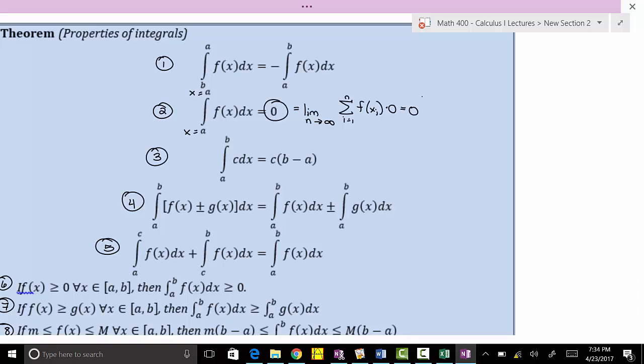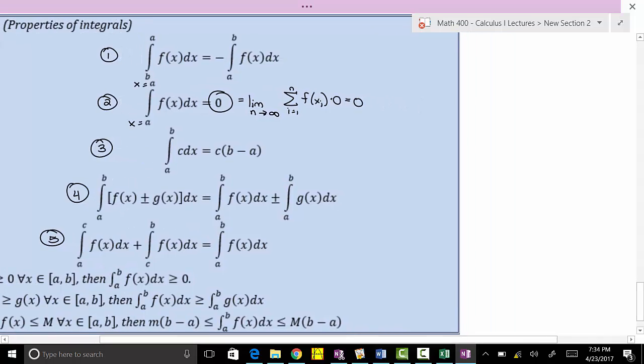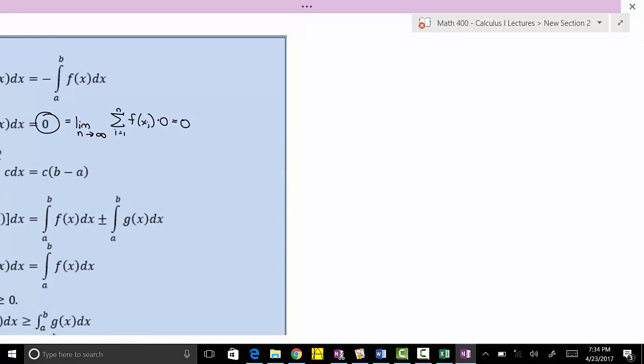Number 3 is also somewhat easy to understand if you draw a picture. Let me go ahead and write number 3 over on the right-hand side. If you have a constant curve, here's my xy axis, here's x, and here's y.